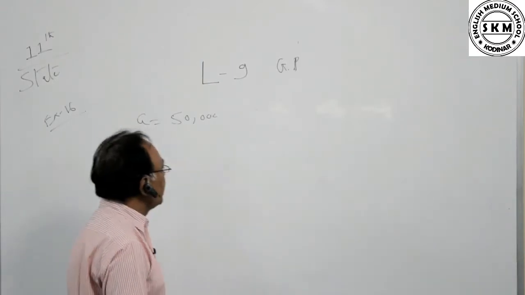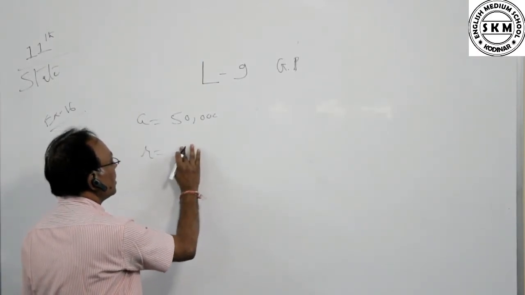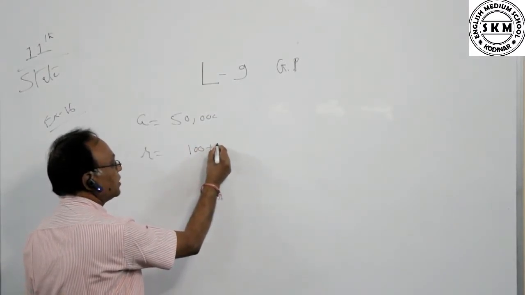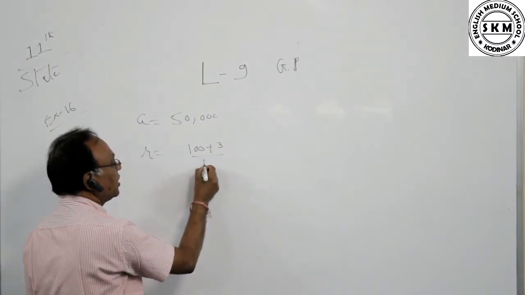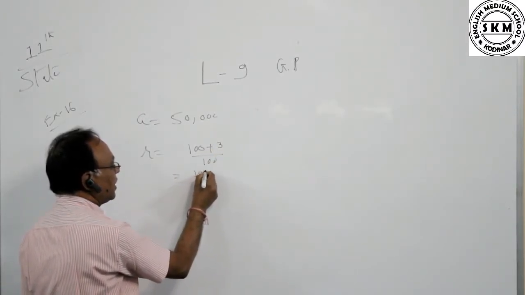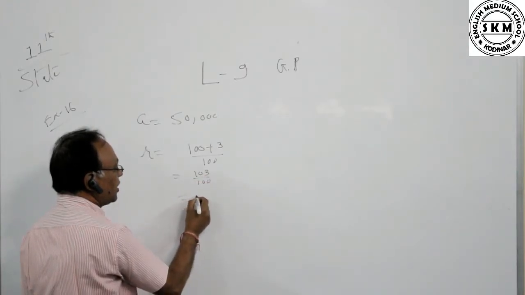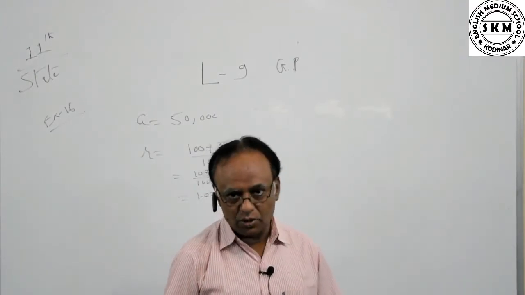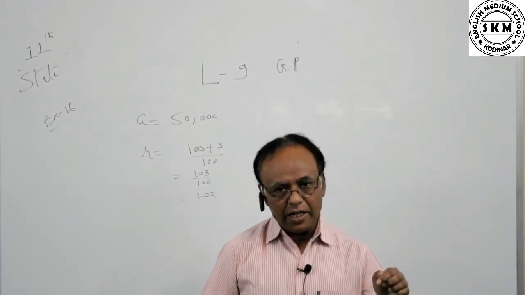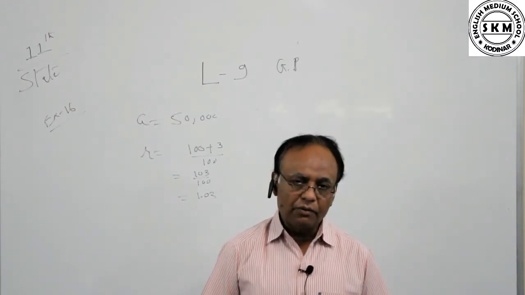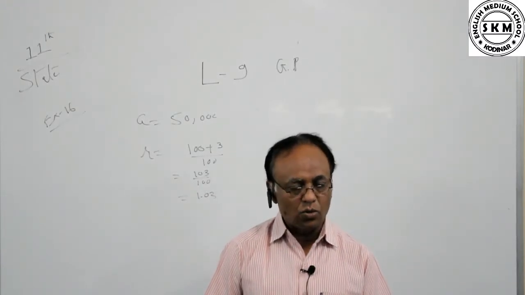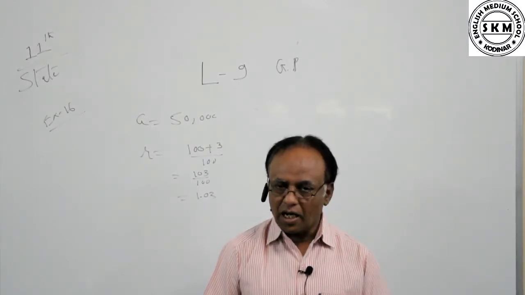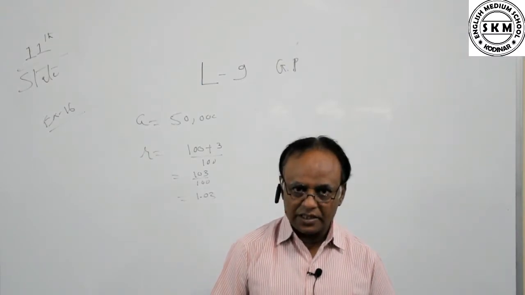So r is equal to 100 plus 3%. So 3 upon 100, meaning 103 upon 100, meaning 1.03. So r is equal to 1.03. To find the ratio, r is equal to 100 plus 3 upon 100, percentage is always out of 100.